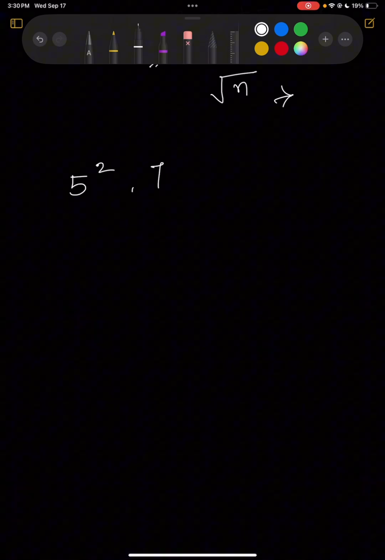Suppose we have the prime factorization of a particular number like 5 squared times 7. This is the prime factorization of a particular number.